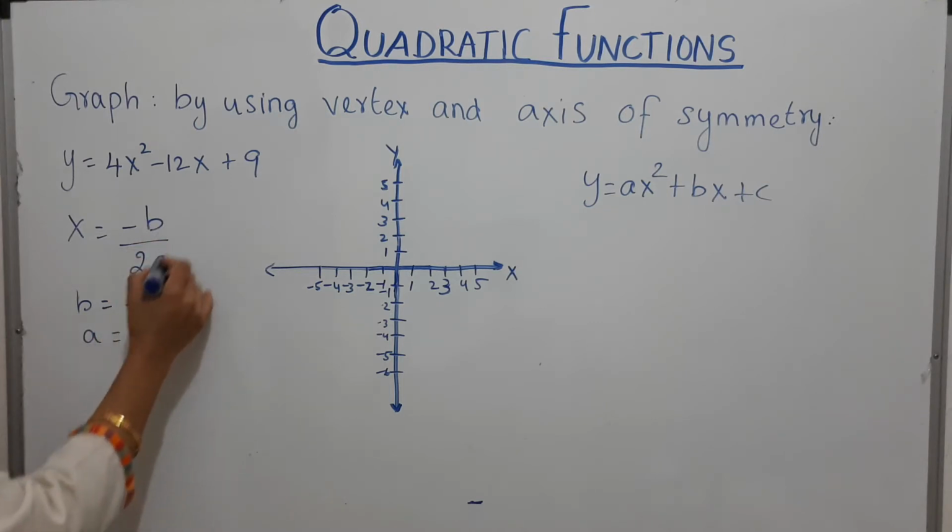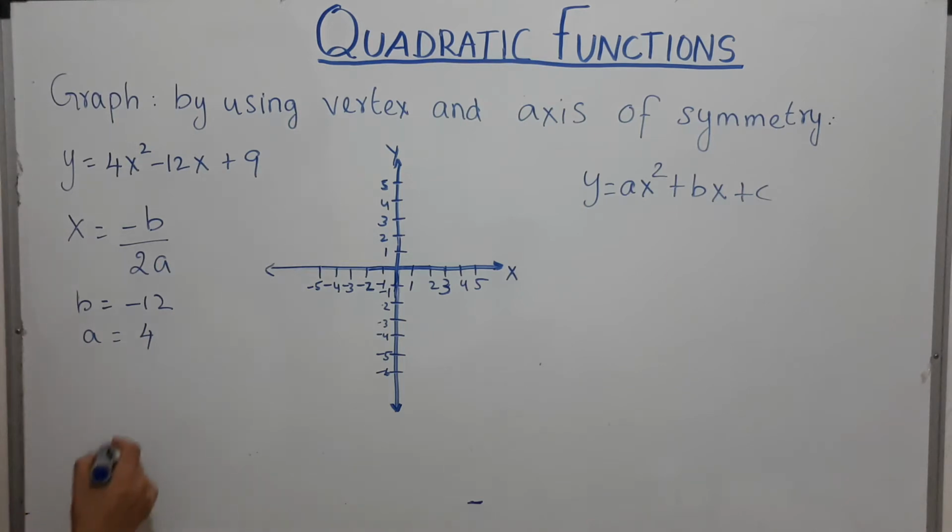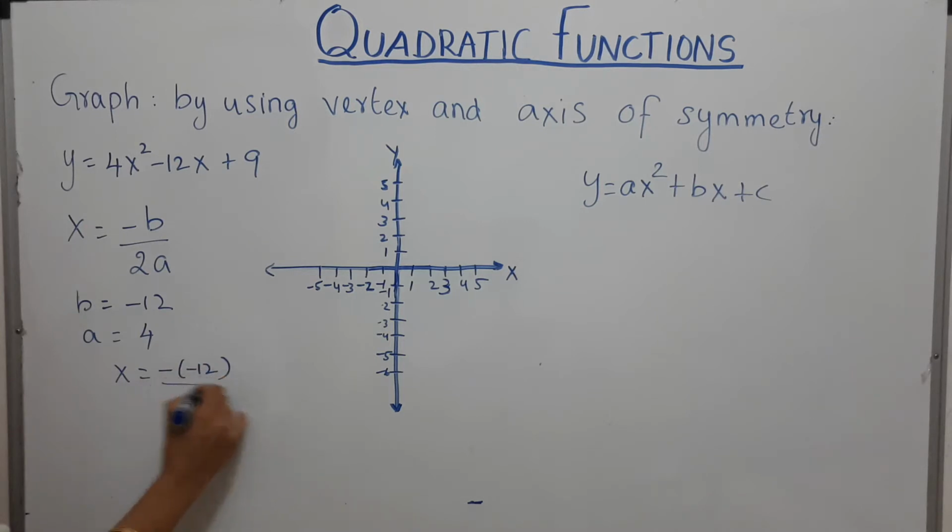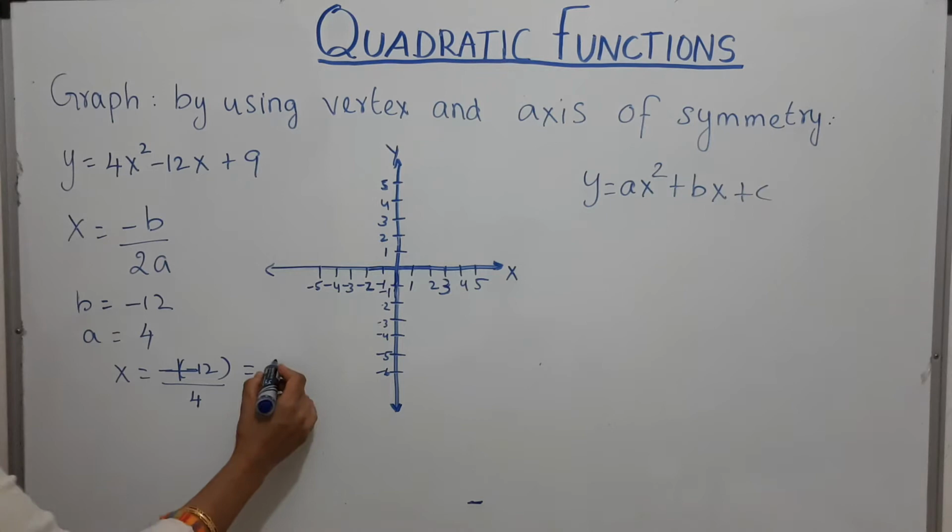Okay, let us substitute these values in this formula. So x is equal to minus of minus 12 over 4. So that is equal to, this will become plus, so 12 over 4 will be 3. Okay, so the axis of symmetry is 3.